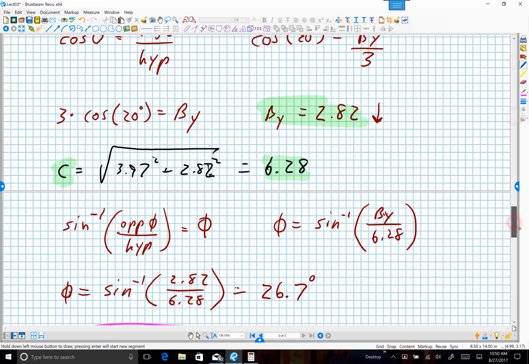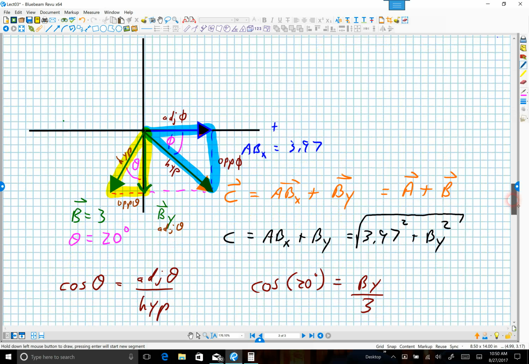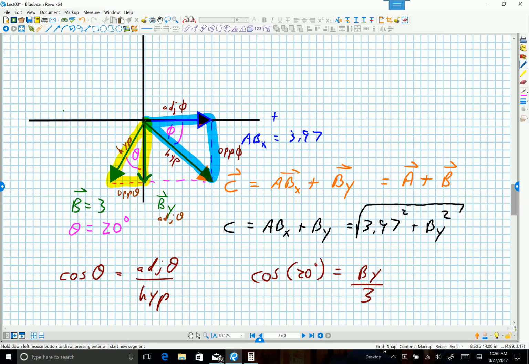So this is how we add vectors together. And not only add together, we've also learned now how to decompose a vector. So a vector that is not on axis can be broken up into two vectors that are on axis. And those two vectors that are perpendicular to each other are the components.